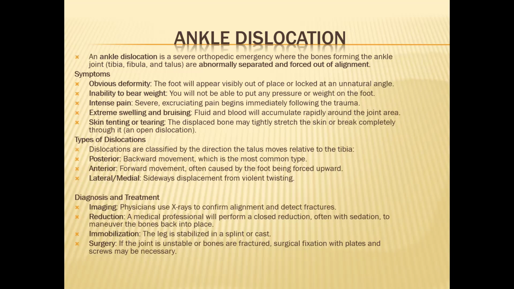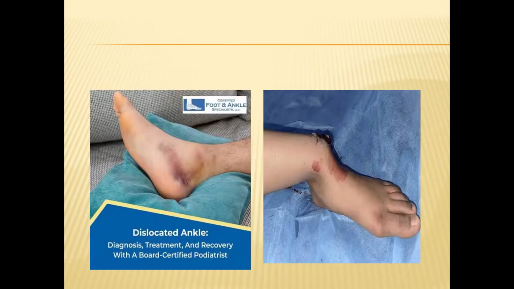So we should involve the orthopedic specialist immediately. There can be a trial of closed reduction. If closed reduction fails, this can lead to open reduction. From the ER, we can apply a posterior slab to immobilize the limb.